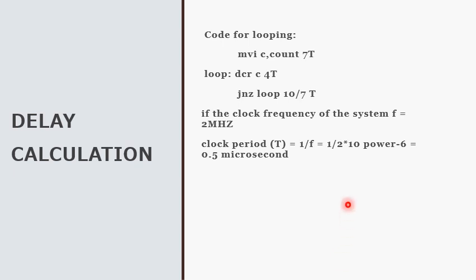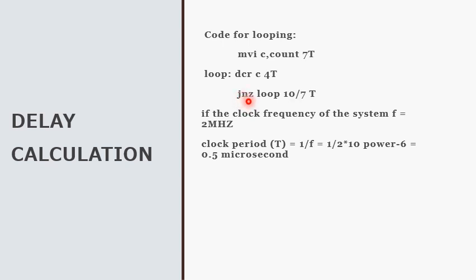Let us see an example of how to create this delay or how to form this loop. Right? So, move immediate C comma count value. This count value is loaded by the user, and that makes the delay. We will see it now. Move immediate C comma count has 7 T states. We have already seen it in the timing diagram. It has an opcode fetch of 4 T states, followed by a memory read.